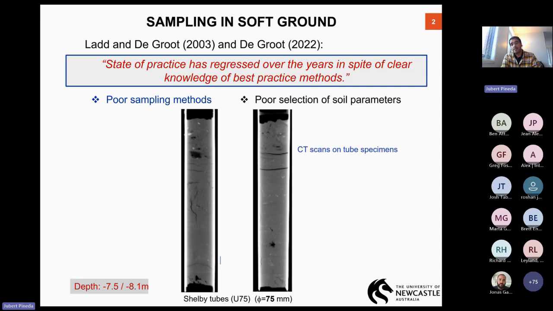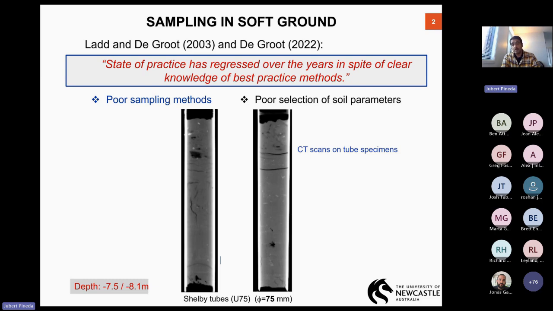Over the past 15 years, every time we finish a sampling campaign, we scan the tubes using a standard medical CT scanner at the university to assess qualitatively the sample quality of each of the specimens that we are going to test further.